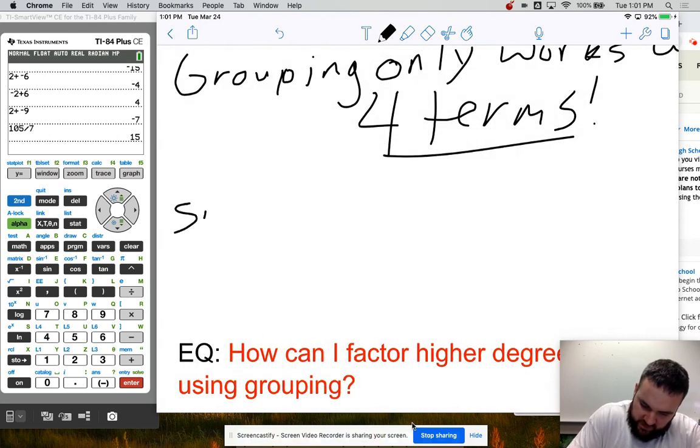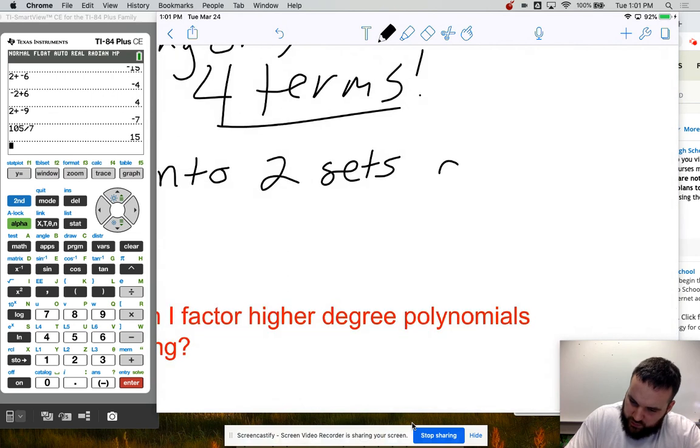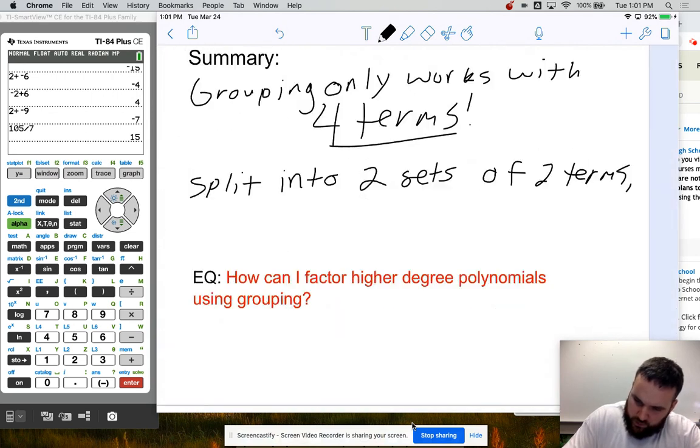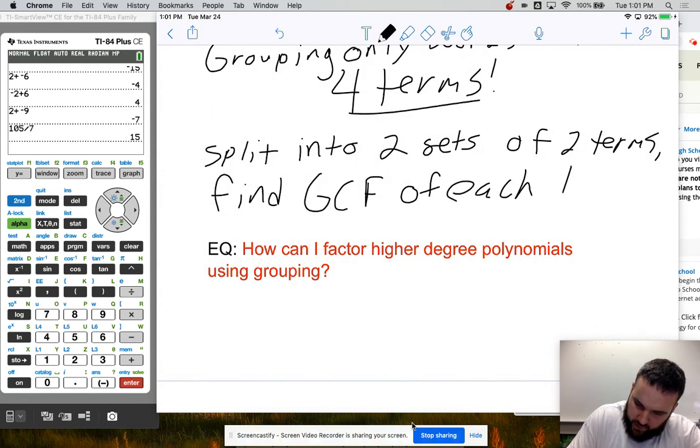We're going to split into 2 sets of 2 terms, and then we're going to find the GCF of each half. We'll expand on this a little bit more in the next video, but for now, we're good.